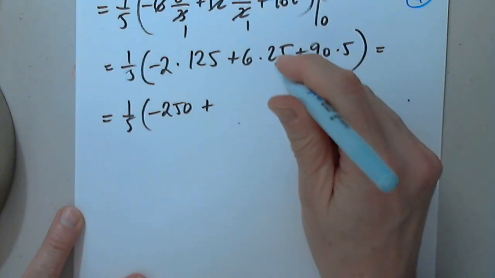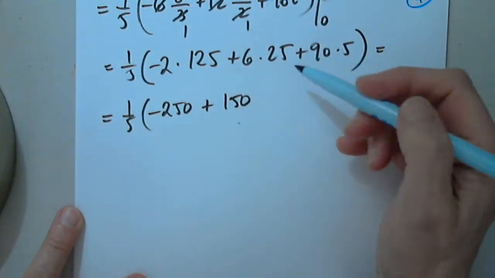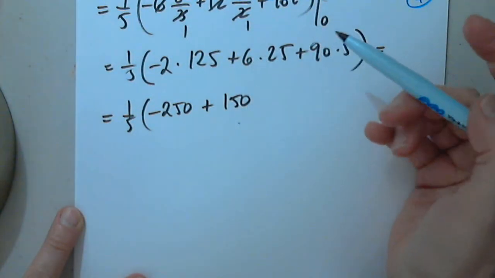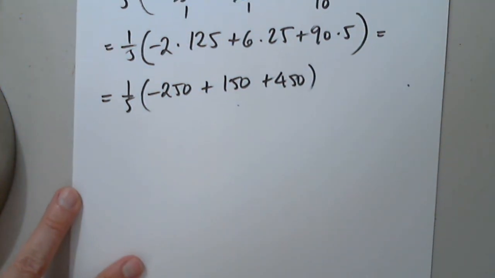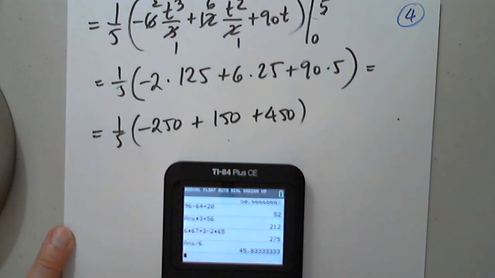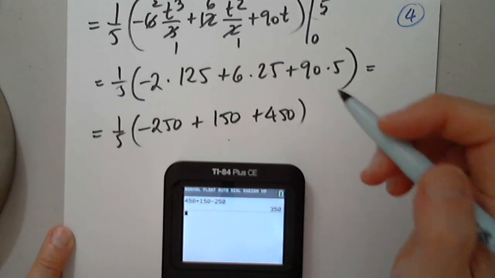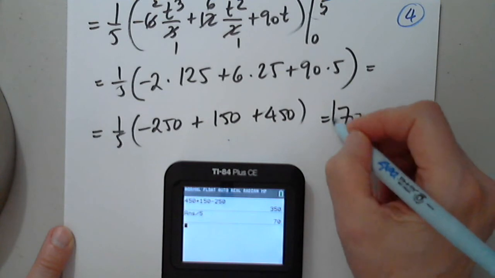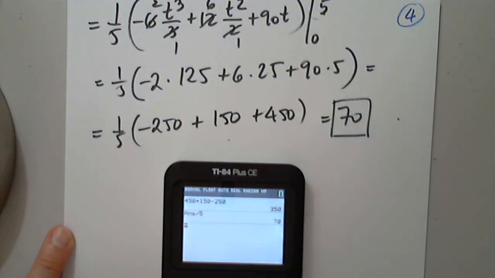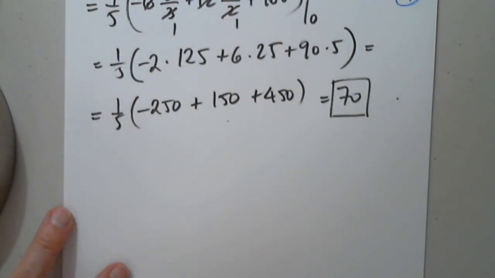So I think that this is 150, plus 450. Don't trust my numbers today. Okay, so 350, I shouldn't even do this with a calculator, but I don't trust myself today. So 350 divided by 5, I got 70. Did you all get 70? Let me know if you got 70.